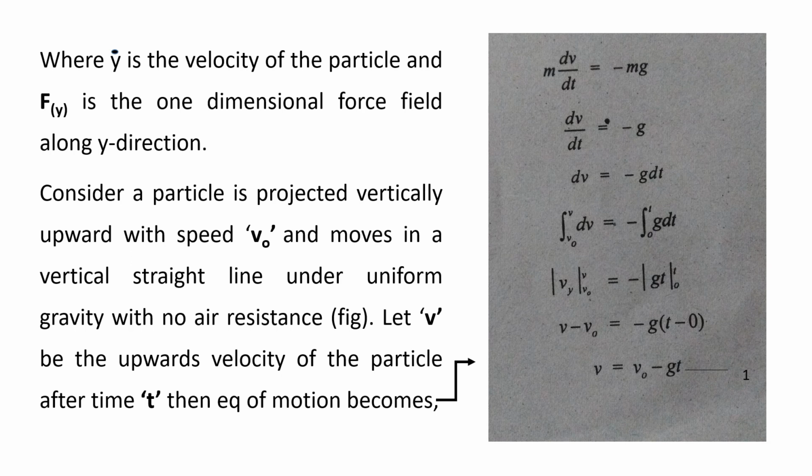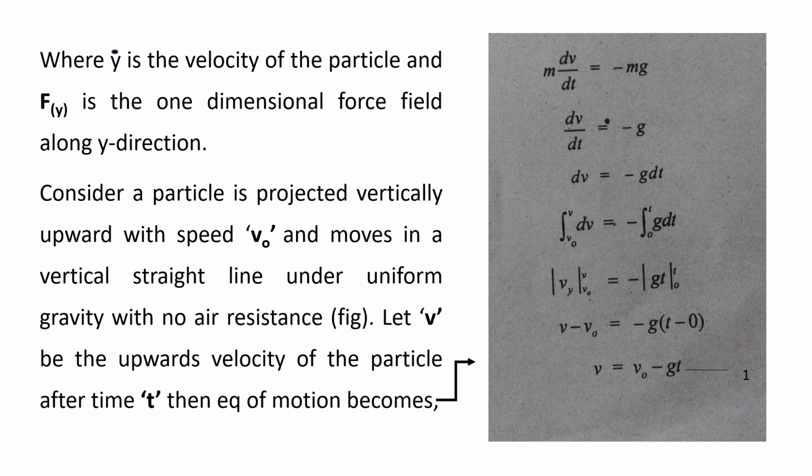So m dv over dt is equal to minus mg, and cancelling m on both sides gives dv over dt is equal to minus g. Taking dt from the left side to the right hand side by multiplying, that gives dv is equal to minus g dt.